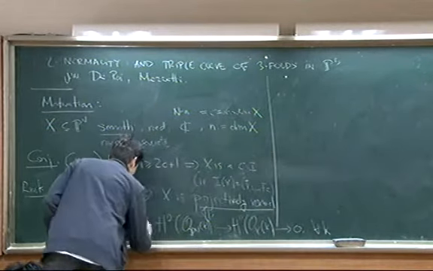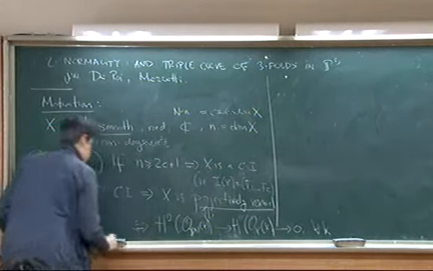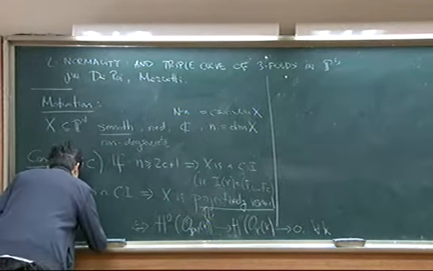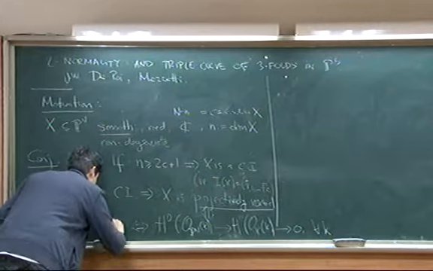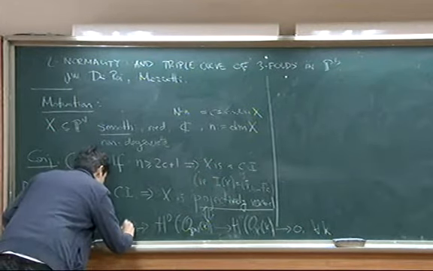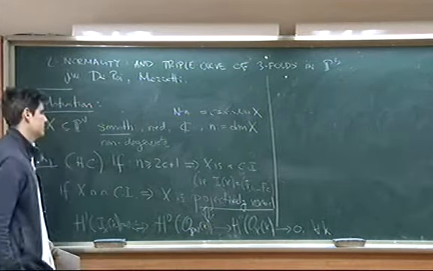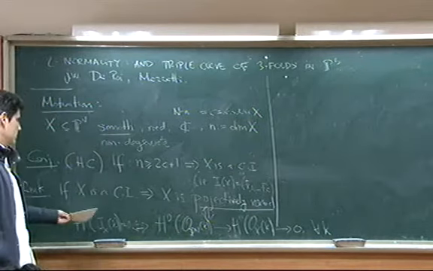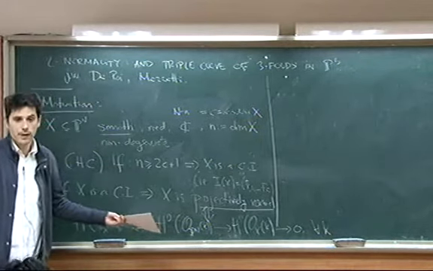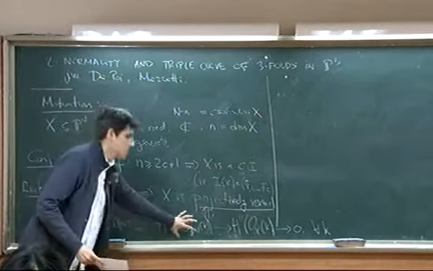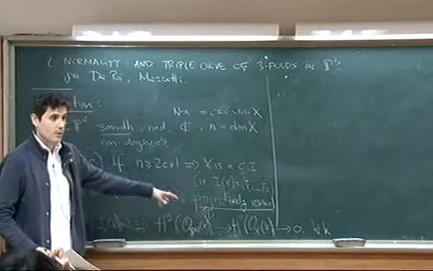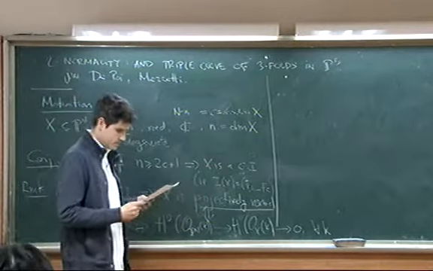Or if you prefer, this is equivalent to saying that H1 of the ideal sheaf twisted by k is 0. So this is the definition of k-normality. It's k-normal if one of these two holds, and it's projectively normal when it holds for every k.